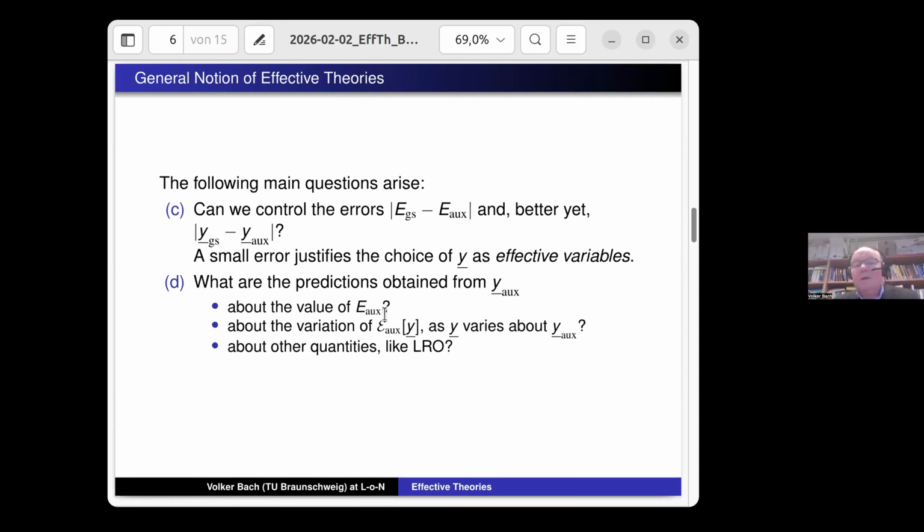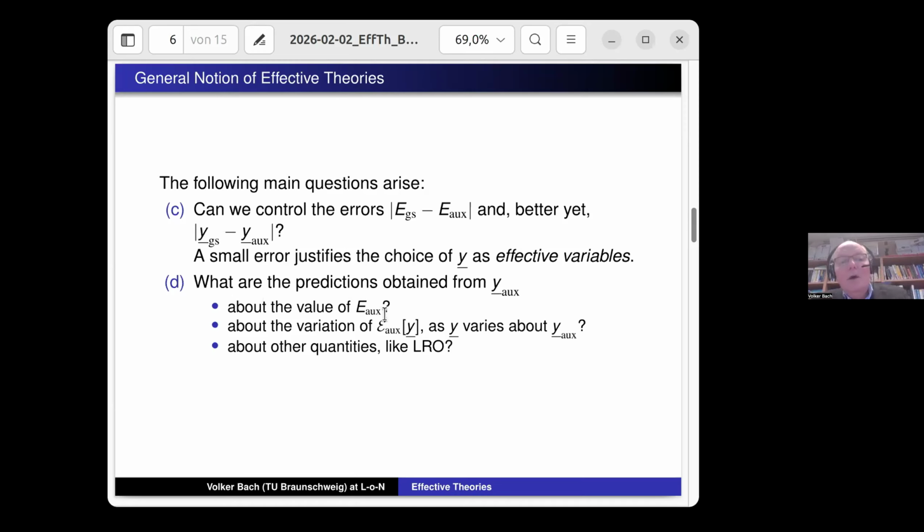And often the original quantities, like the ground state energy, are well defined, but there's no series expansion or anything available. And then we would like to know what is the behavior of this minimum as we are close to the minimizing configuration.